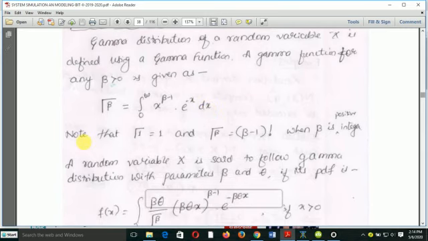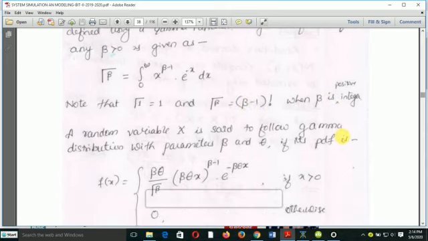We have to note that the gamma of 1 will be equal to 1, and the gamma of beta will be equal to factorial of beta minus 1 when beta is an integer. So this function will take different values depending on different parameters.